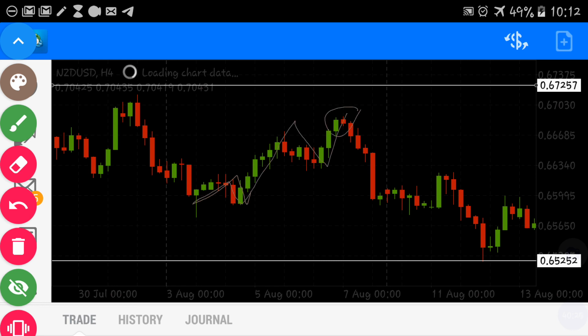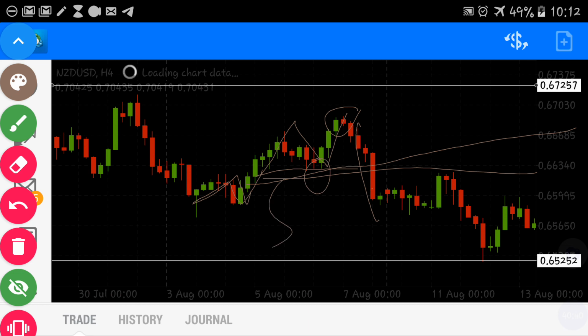Now, notice how this was a support in the past. Now, notice how this price broke through it. You see how the price broke through this support. Now it is serving as a resistance. You see how price broke it down and retraced up.